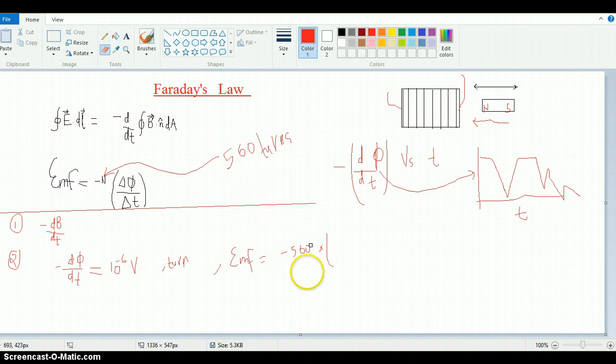I don't mean to say these turns are negative, but the rate of change of flux is the negative one. This value is 10 to the negative 6 volts. So we figured out the EMF on the whole coil.